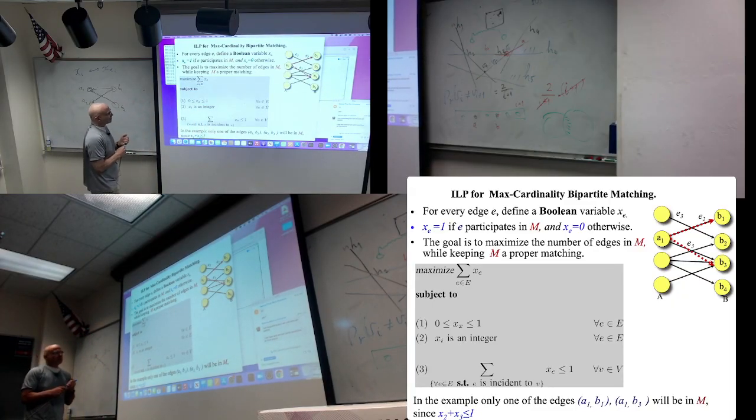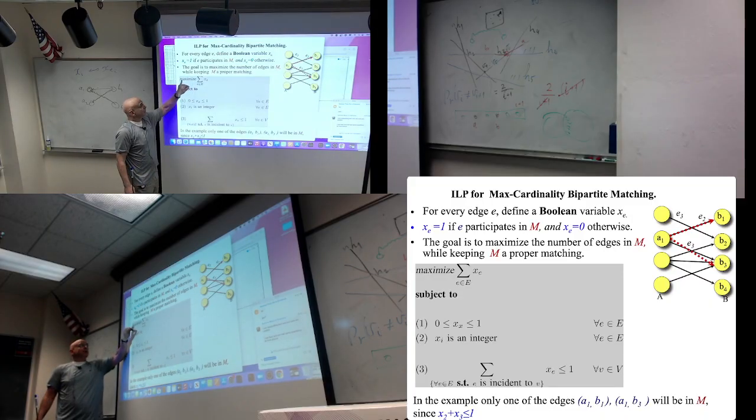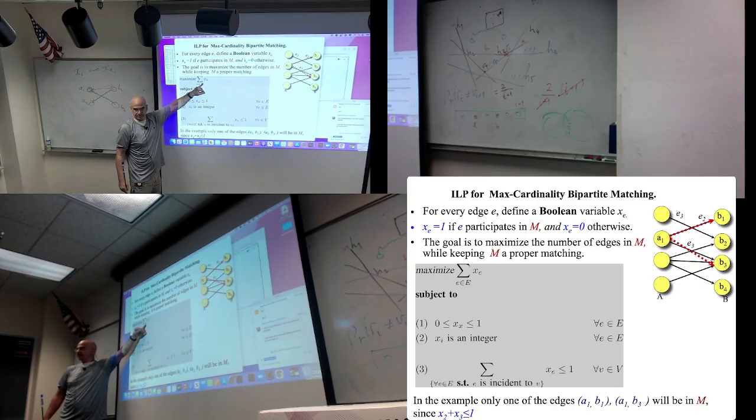Okay, so what would be my cost function? I'm trying to maximize the sum of the xe's. There is a cost function when you tell the ILP what it is. It's just 1, 1, 1, 1, 1, 1, 1 for each one of the variables.